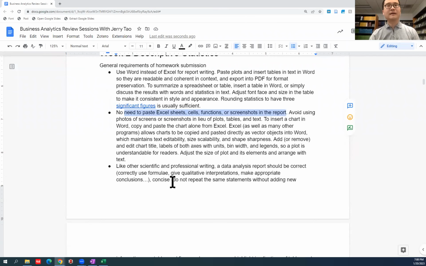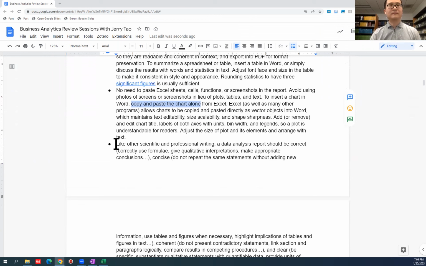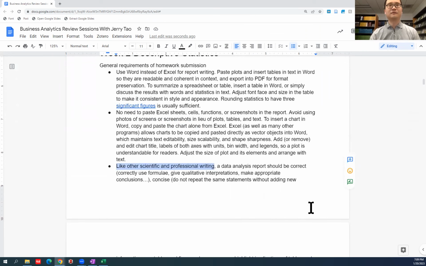But sometimes you need to insert a chart. That's when we simply copy and paste the chart alone. If you need to summarize any tables, then we can insert a table. I also included some tips about writing if you wondered what type of style you should follow. And if you need guidance regarding rounding statistics, you can see more about these.